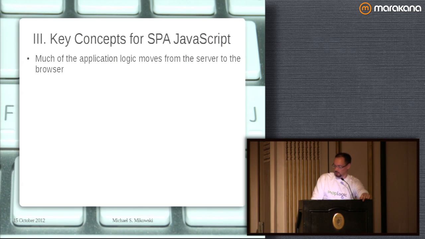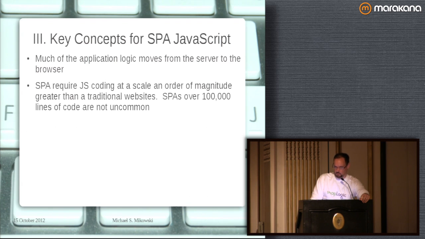So, let's review a few points that we've brought up already, but this is building to something bigger. As we mentioned, with a single-page web application, most of the application moves to the client. Your backend is basically your document store and your authentication and user database. Pretty much everything else moves to the front end. That means you've got to code at a much larger scale than you used to on the front end.